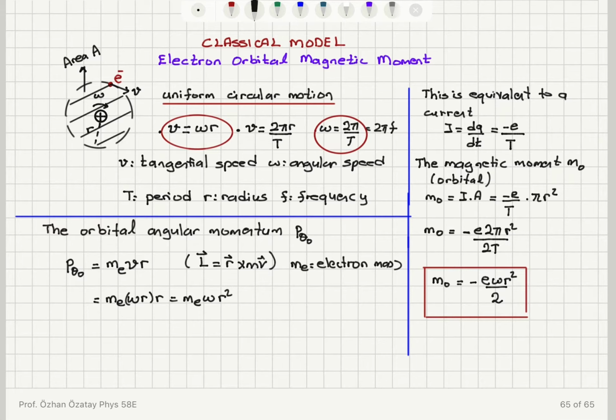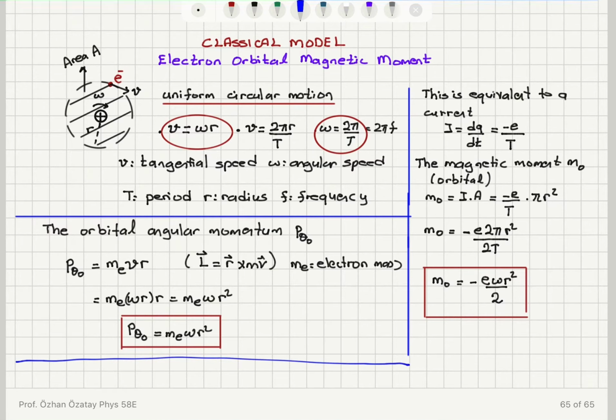So combining this result, the orbital angular momentum of the electron is mass of the electron omega r squared, with the result I obtained for the magnetic moment of the electron, which is for the orbital motion, minus e omega r squared over 2, I can come to the following conclusion.